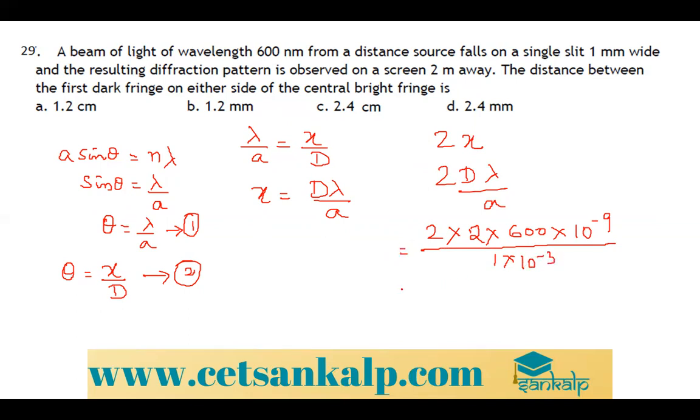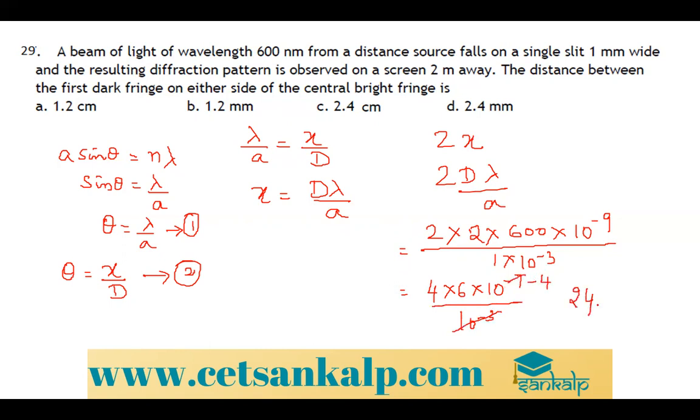So it is 4 into 6 into 10 to the power minus 7 divided by 10 to the power minus 3. 10 to the power minus 3 minus 4 becomes minus 4.